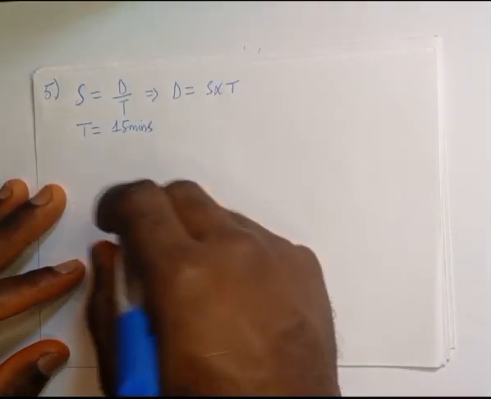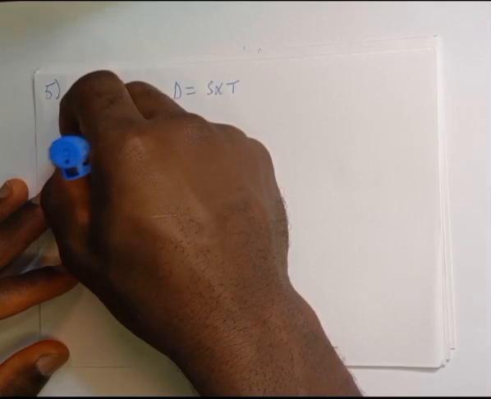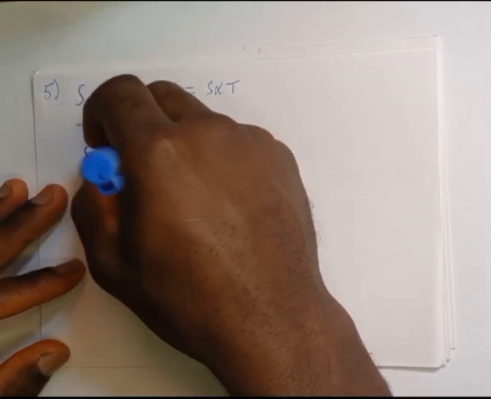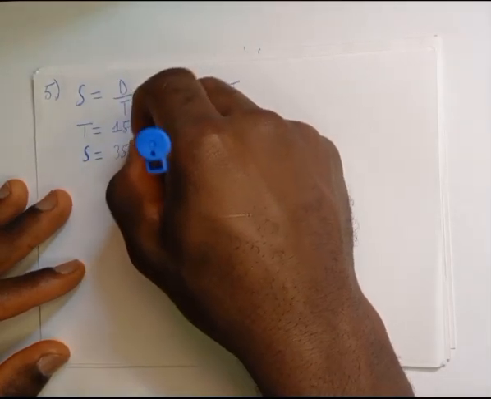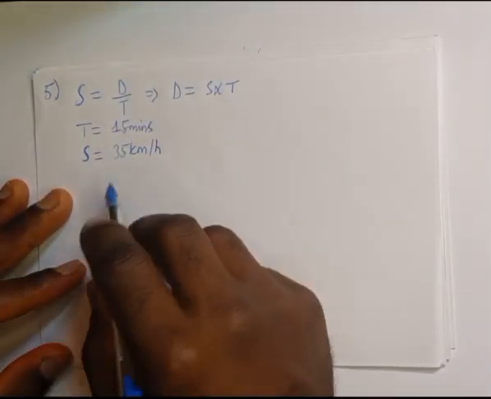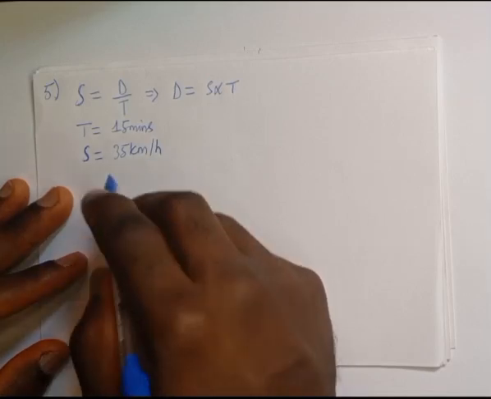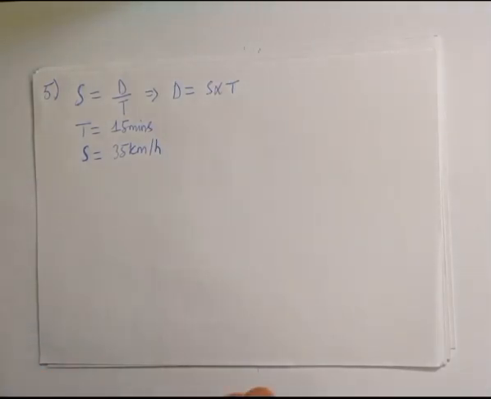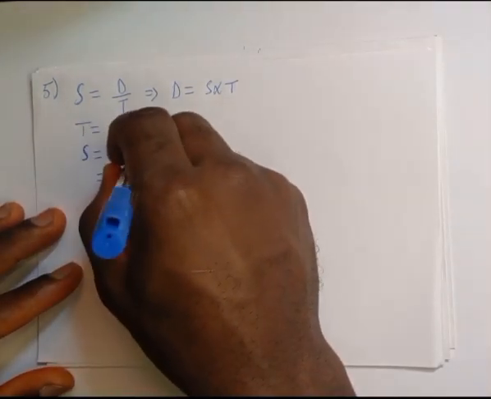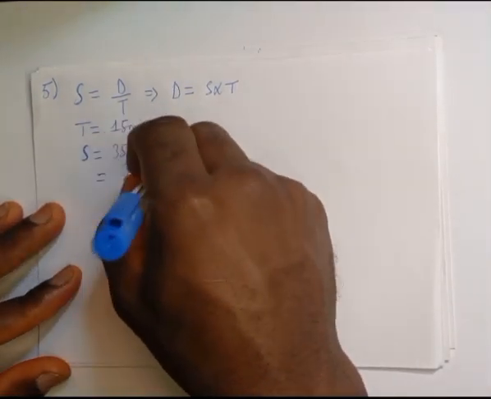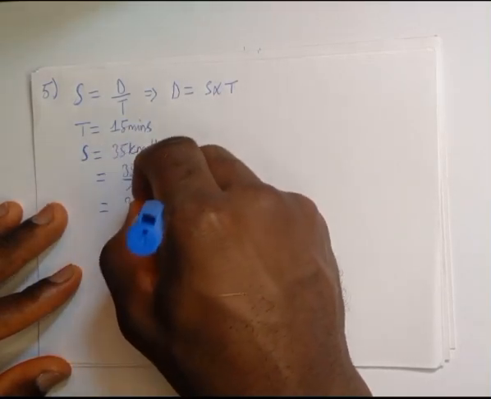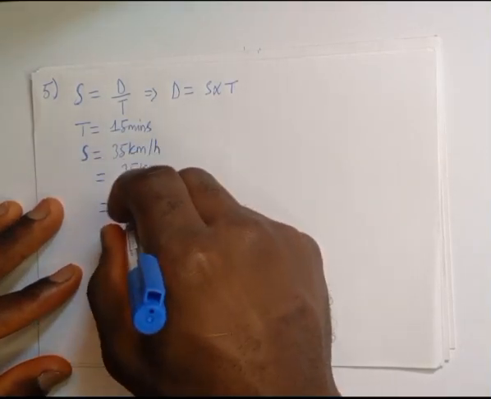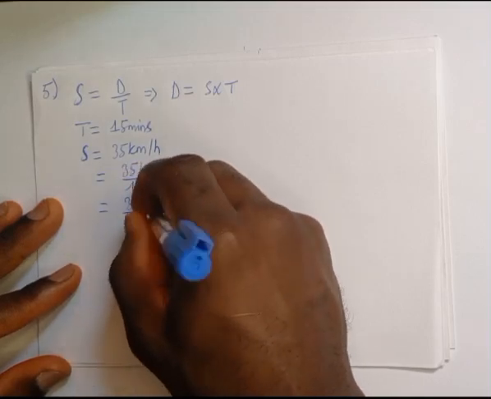If he travels at an average speed, we're going to take the speed as 35 kilometers per hour. The speed 35 kilometers per hour can be expressed in kilometers per minute so that we can easily calculate the distance. This will be equal to 35 kilometers all over 1 hour, which is 60 minutes.